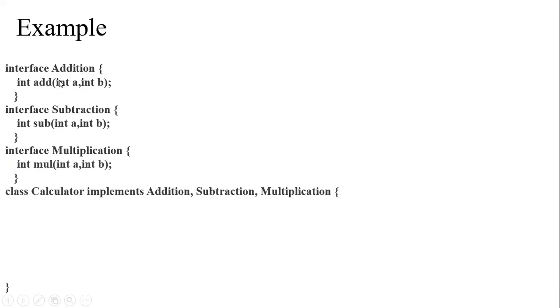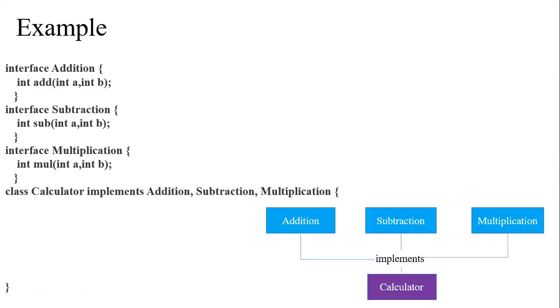You have to give a definition for this add, this subtraction, this multiplication, right? Observe, it is expecting a return type of int, so you should have a return statement in those definitions, right? So this particular diagram is something like this. This is interface addition, this is interface subtraction, this is interface multiplication, and your class Calculator is implementing all these interfaces, right?